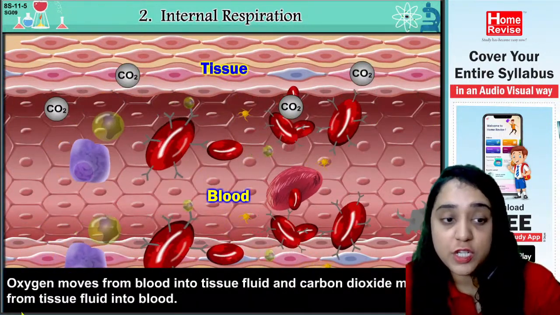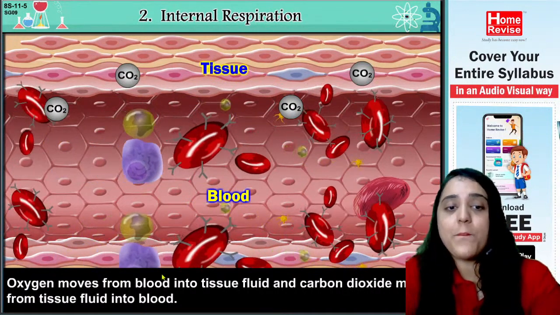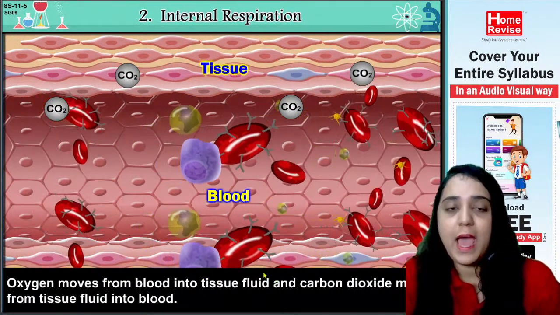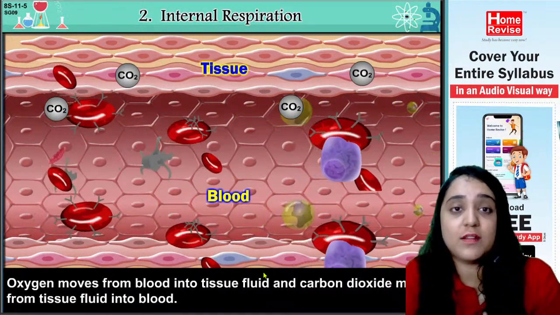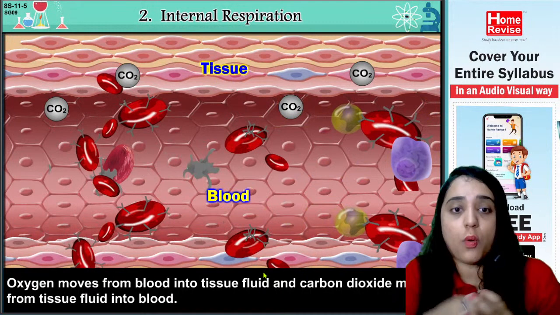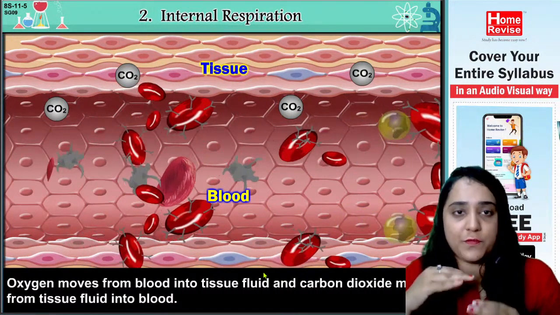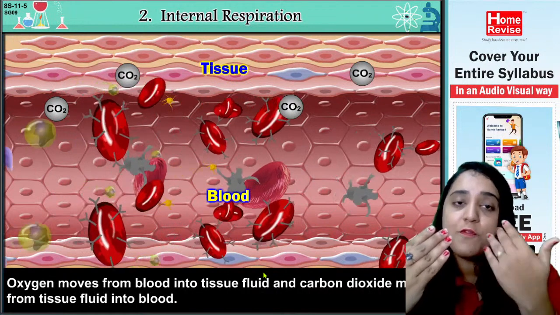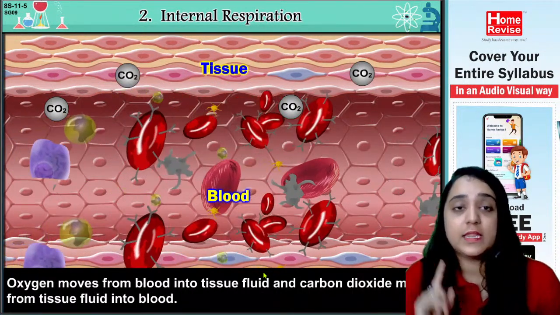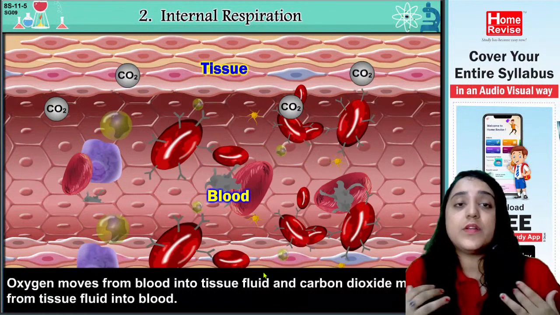Please pay attention. Oxygen moves from the blood to the tissues, and carbon dioxide moves from the tissues to the blood. This is called the internal respiration.